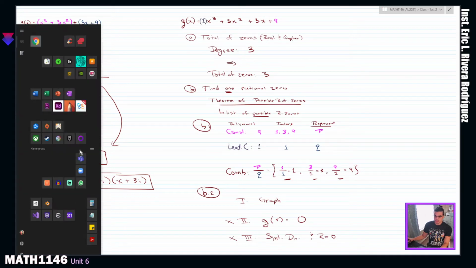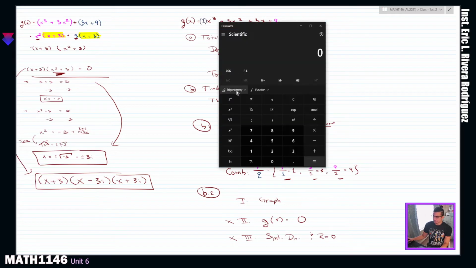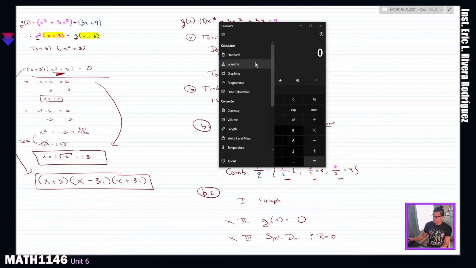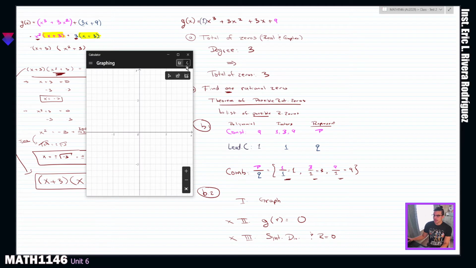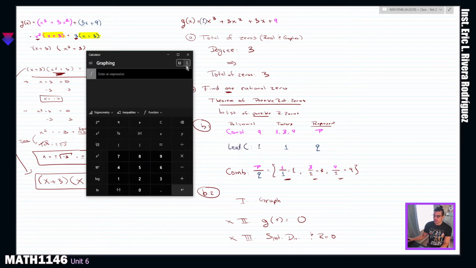Let me see if I can do the graph here. Can I just write the function? Let's see if this helps. I don't know. You can use your calculator and type the polynomial in, so you can see your graph in your calculator.